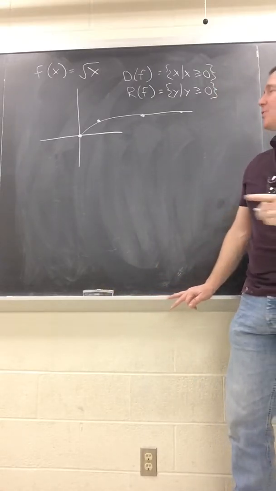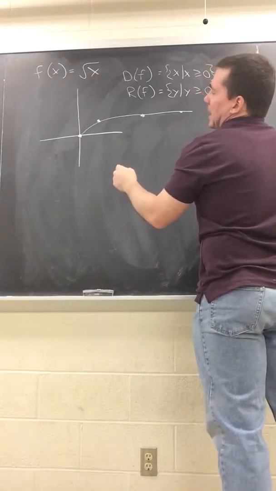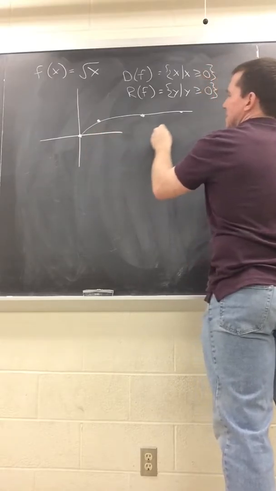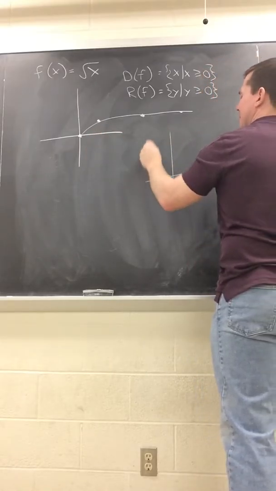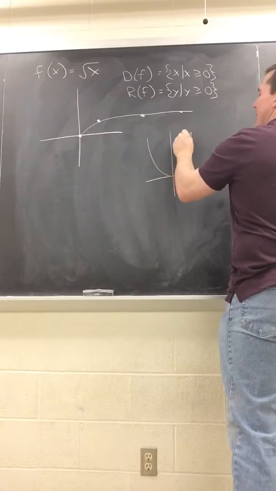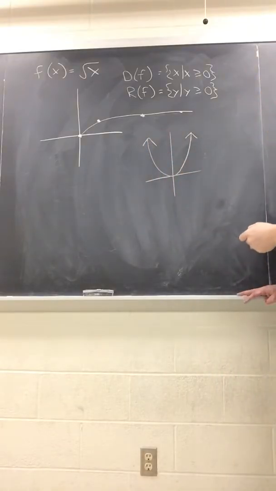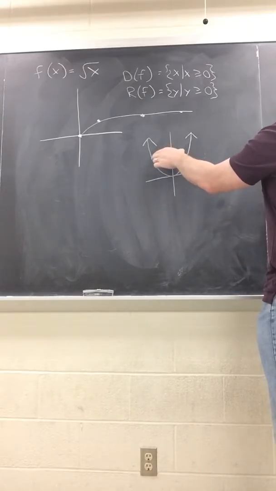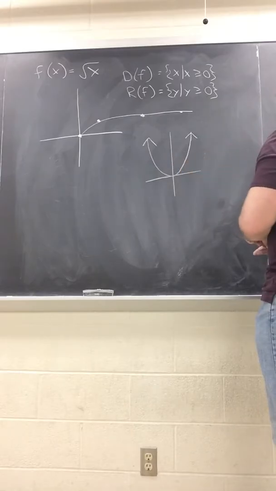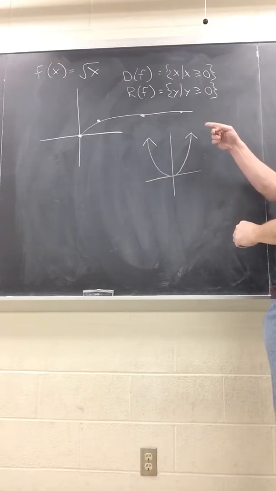There is actually a little trick to this. If you look at this, and that's the square root, which is related to the square graph. The square graph looks like this. The square root graph looks like that. Well, they're pretty similar. Essentially, if you take this graph and turn it on its side, you get that graph right there.